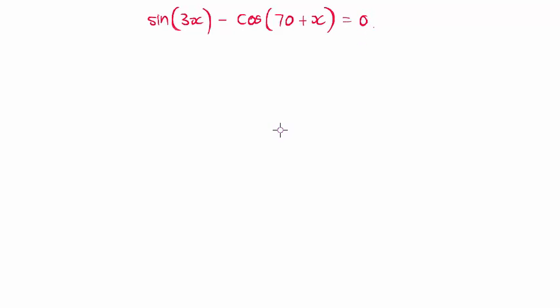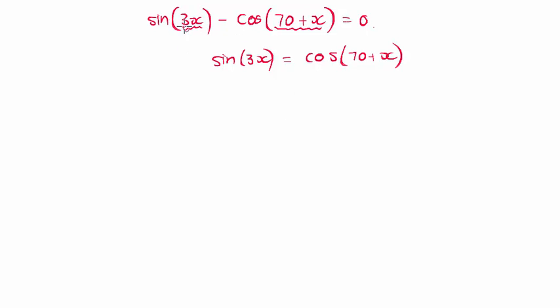Let's say we had to solve something like that. I just wanted to show you that other method where we change sine into cos. Then I will have sine of 3x is equal to cos of 70 plus x. So you'll use that method when your inside angles are not the same.